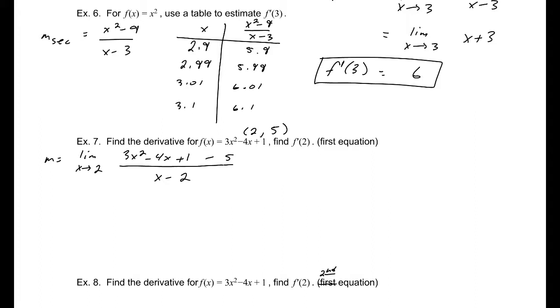Well, if we work on that, let's see, that's going to be a minus 4. That's going to be 3x squared minus 4x minus 4 divided by x minus 2. And I'm going to take a stab at factoring that.